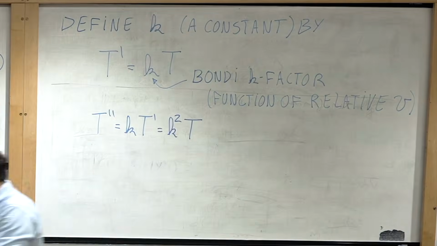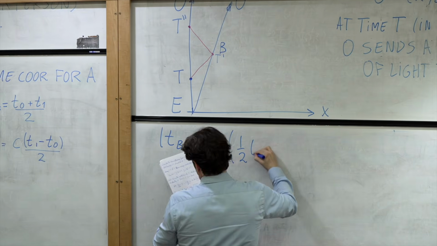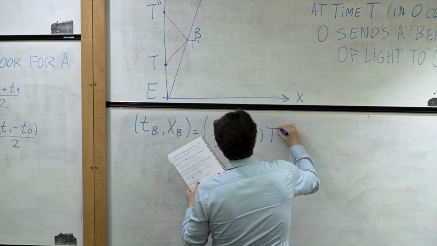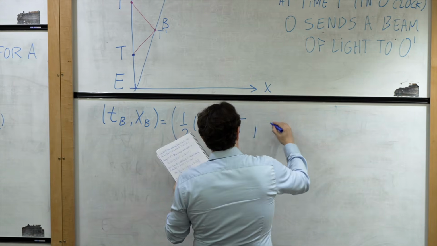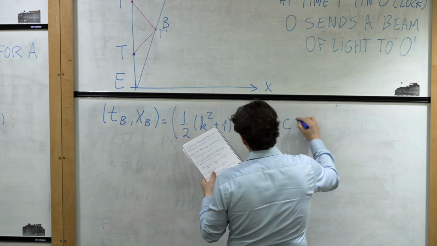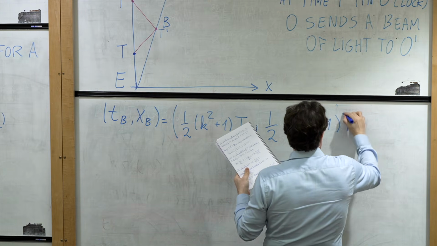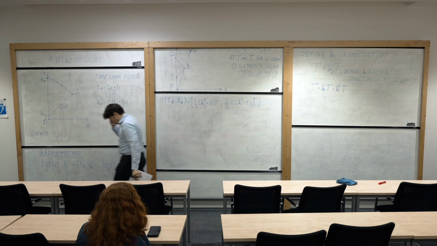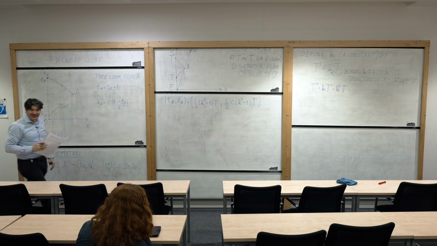So we simply get TB equals 1/2 (K squared plus 1) T, and XB is 1/2 c (K squared minus 1) T. So these are the coordinates from the point of view of O of the event B.